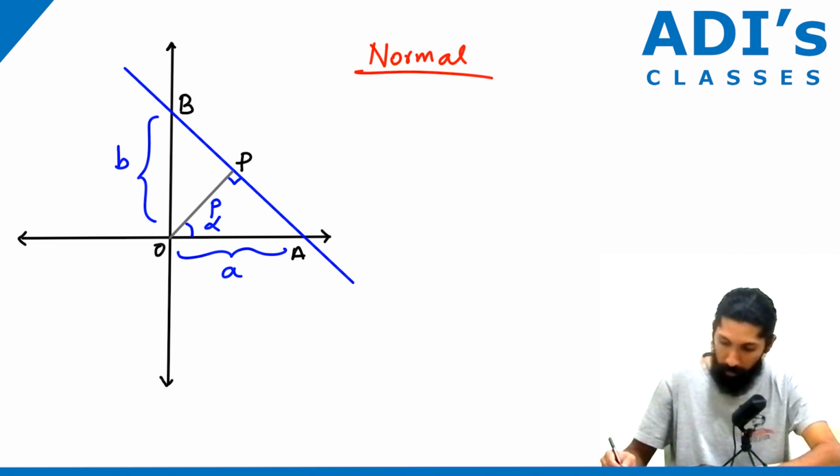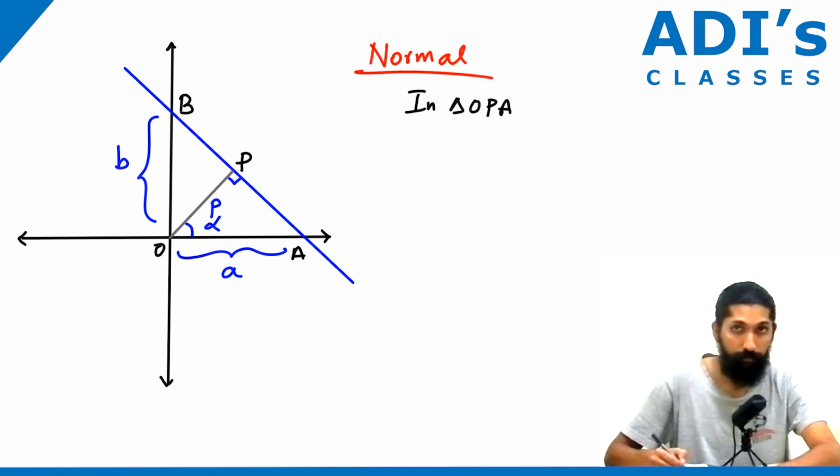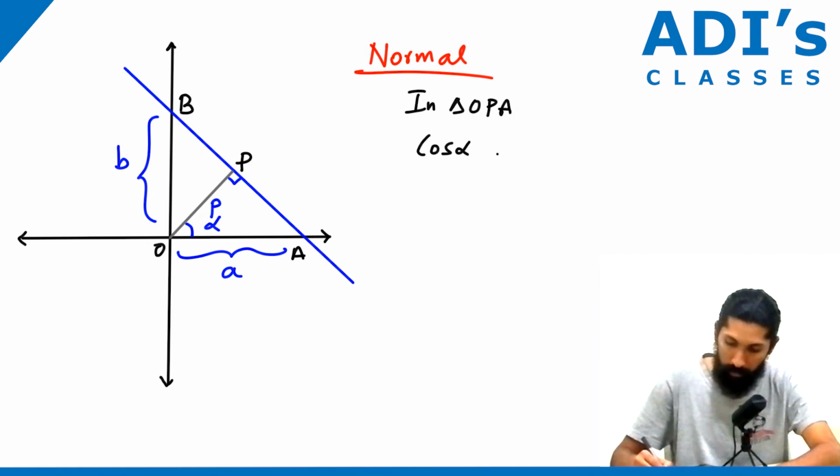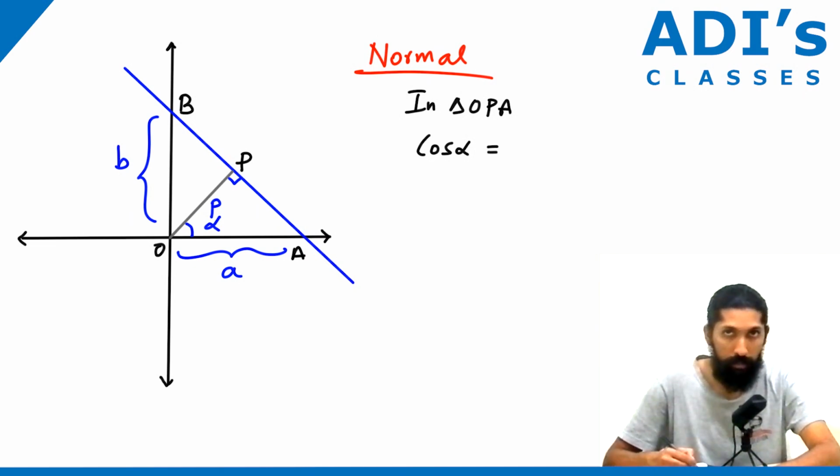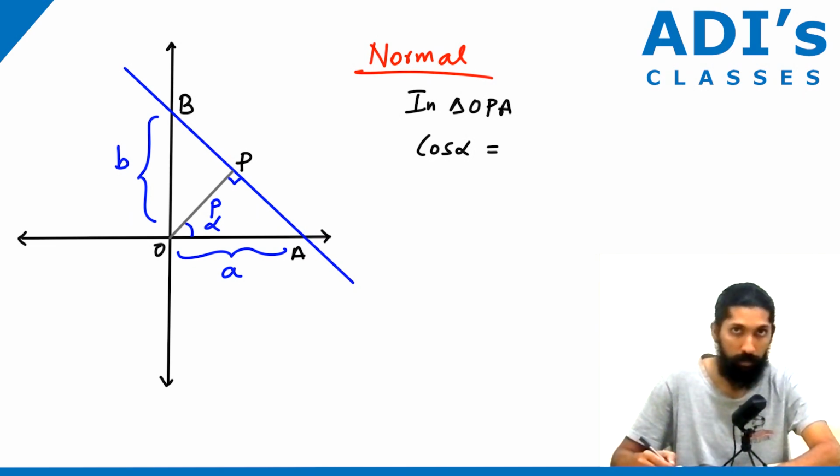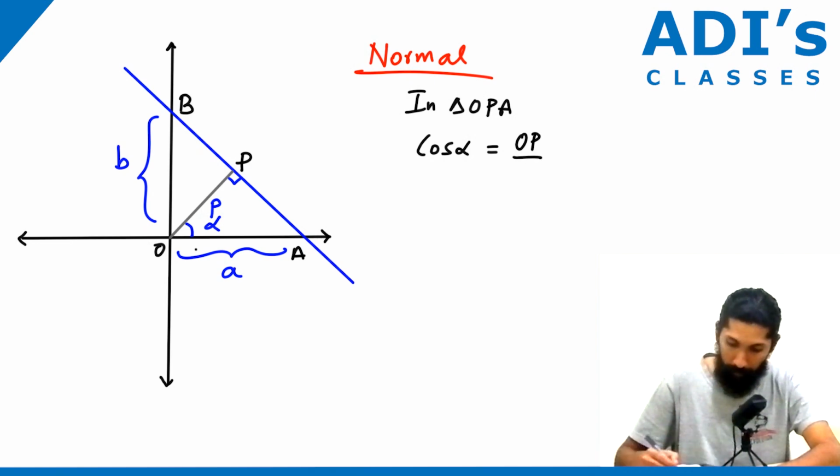Now guys, what we'll do is take the normal trigonometric ratio, that is in triangle OPA. If you take OPA, alpha is there. Take cos alpha. Cos alpha is what? Adjacent side divided by the hypotenuse. Correct? So for alpha, the adjacent side is going to be OP. So we have OP divided by the hypotenuse, which is OA.